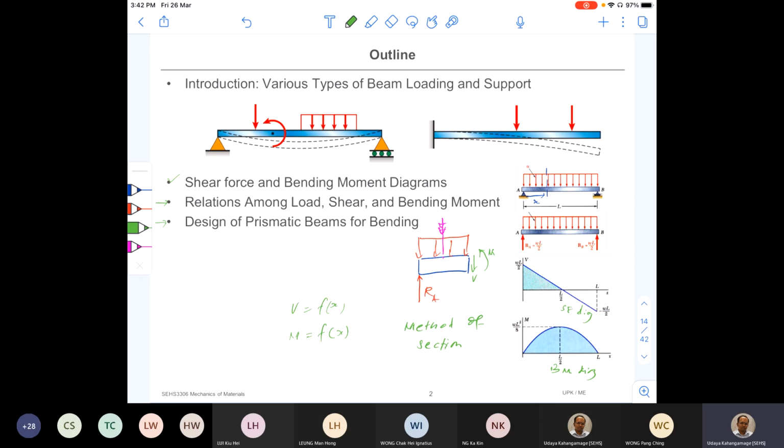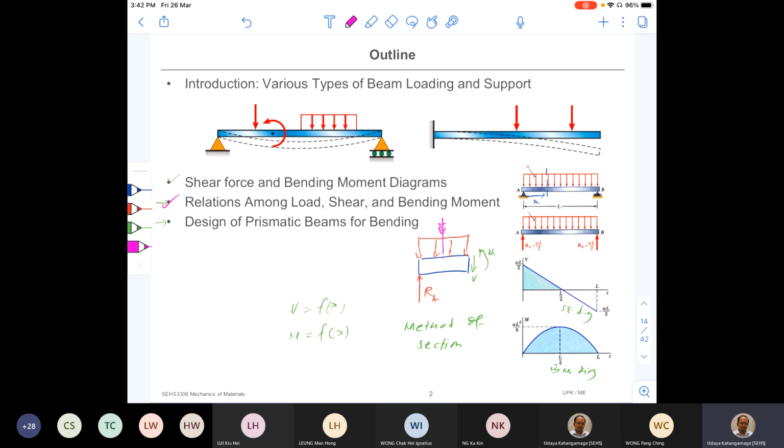And using those equations, we can construct our shear force diagram and bending moment diagram. Okay, right. So today, I'm going to introduce you to another method of constructing shear force and bending moment diagrams. That is by looking at the relationship among the loads, shear force, and the bending moment. Okay, so a new method.